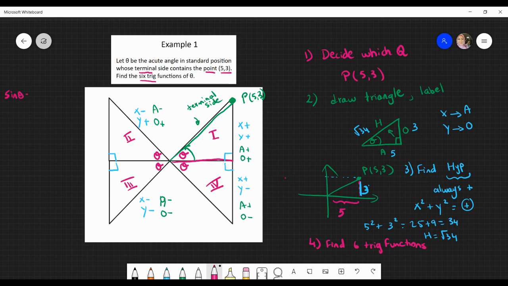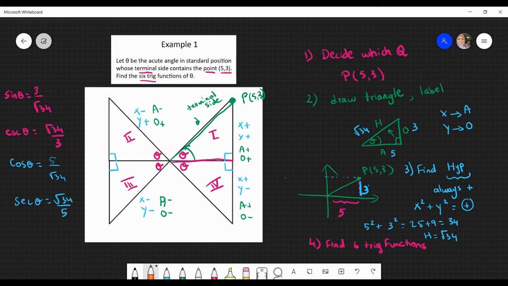The sine of theta is going to be opposite over hypotenuse, so 3 over square root of 34. We'll rationalize it in a minute. I would do the cosecant right away, where I flip this before I even rationalize it. The cosine is going to be adjacent, which is the x value, over the hypotenuse, and I'll do the secant right away.